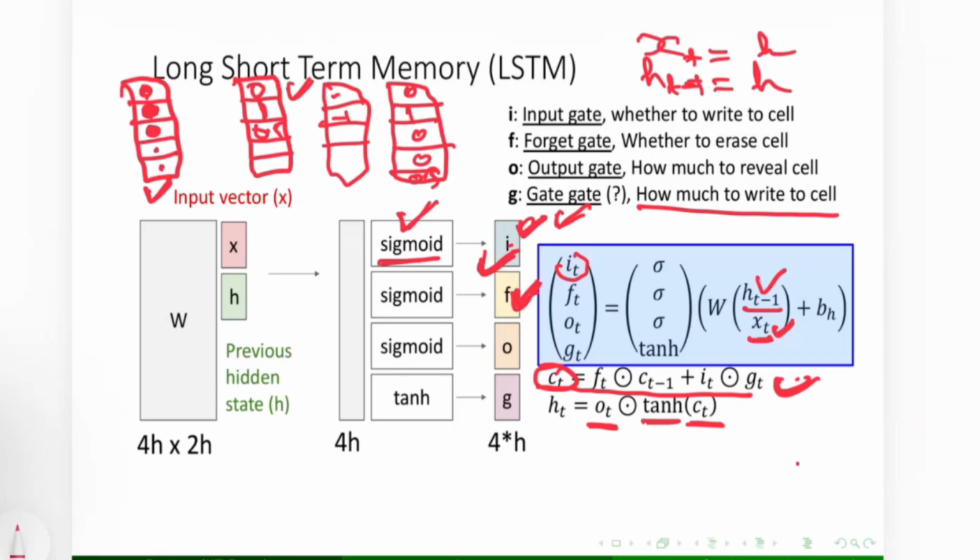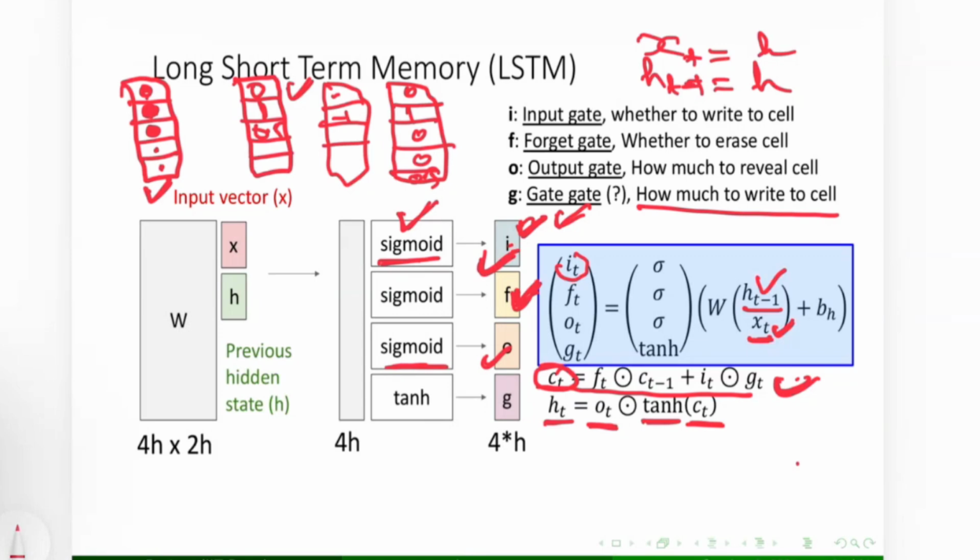So it will say, hey, I got CT, but I don't want to show every information from the CT for the HT. I only want to show this much information from the CT, and that is being controlled by your OT, and that is the output gate. And if you just see the output gate, again, it is having values between 0 to 1. So it will say, hey, we have this much information, but this is coming from, it's like, it's having all those long-term relationship based information.